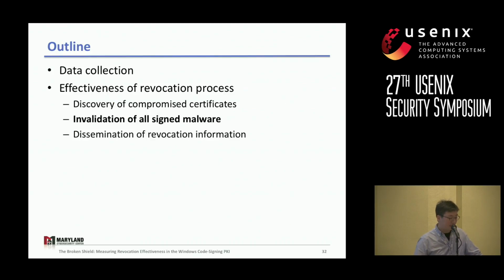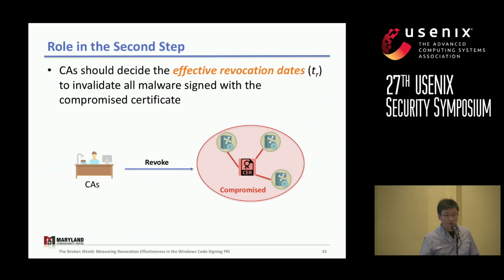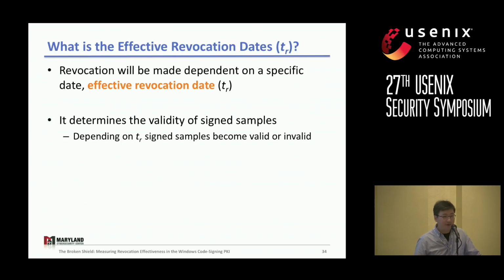So let's take a look further into the second step. The second step is to invalidate all signed samples. In this step, the CA should decide the effective revocation date, TR, to invalidate all malware signed with the compromised certificate. So what is the effective revocation date?